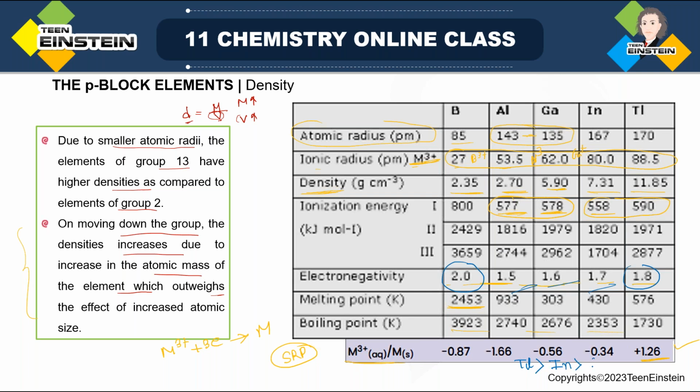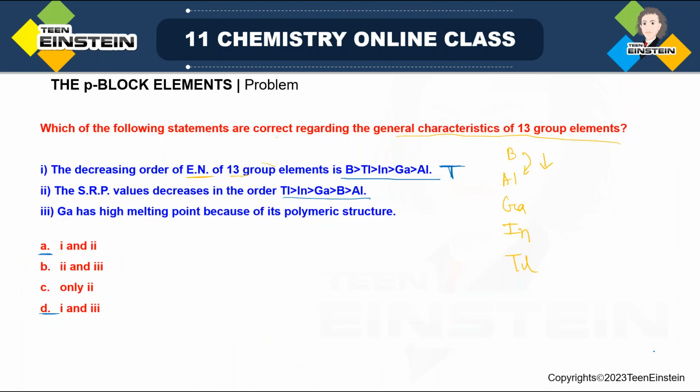Then obviously you have to consider the negative values; it is not based only on the numerical value. Then we have gallium, boron, and then aluminium: Tl, indium, gallium, boron, aluminium. So this is also true, isn't it? That means 1 and 2, these two are true.